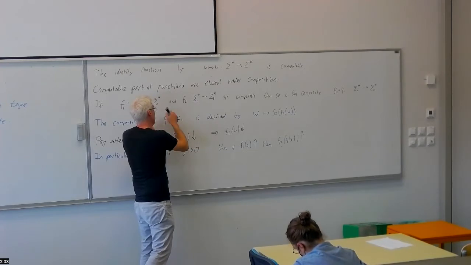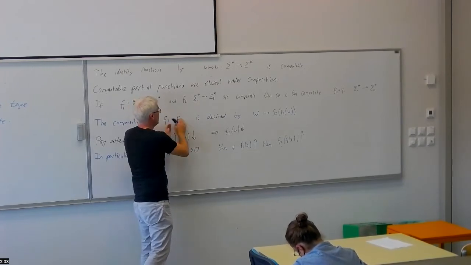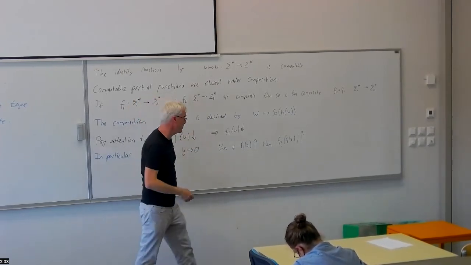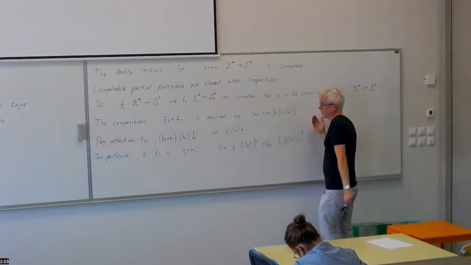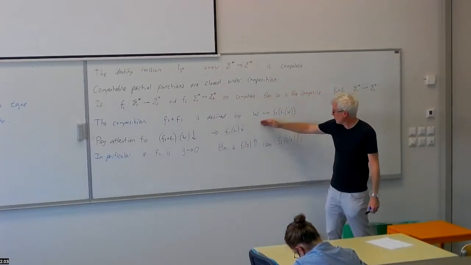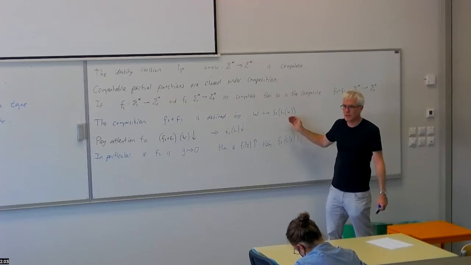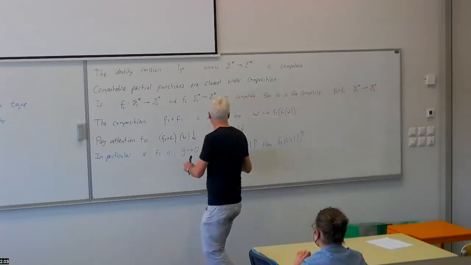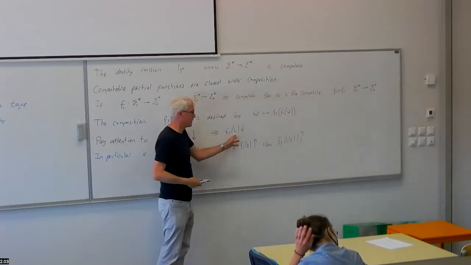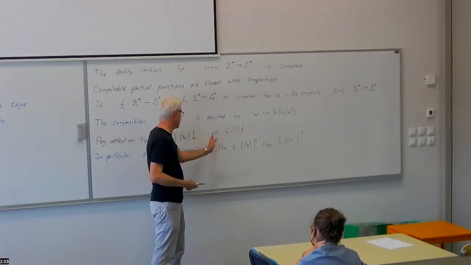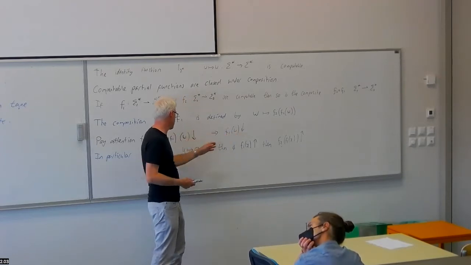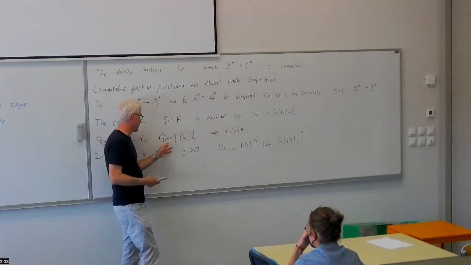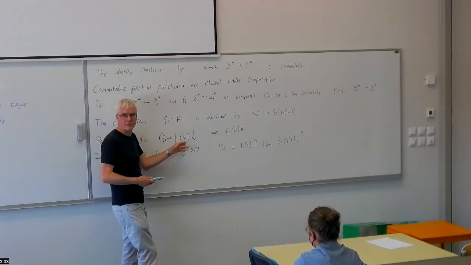Doing that combination, first run a Turing machine for f1, then run a Turing machine for f2, you end up with a Turing machine for the composite function f2 composed with f1. And that only works if you make this convention that if f1 of w is undefined, well, we can read this backwards, then the composite function is also undefined.